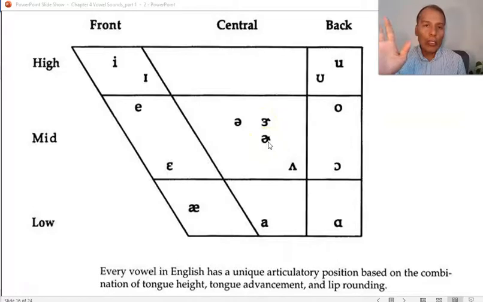That's the only difference. So it's a mid, central, rounded, lax vowel. So these are all the phonemes in English that are vowels. And we focused on American English in particular.